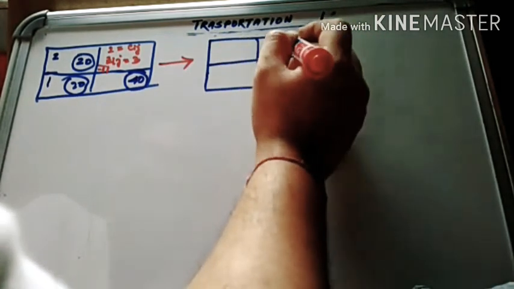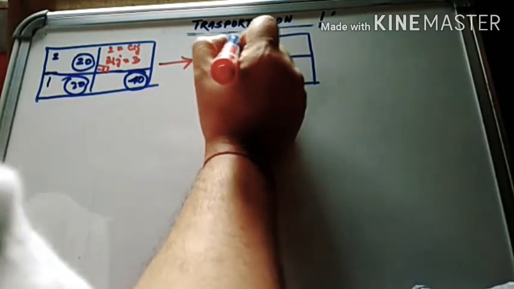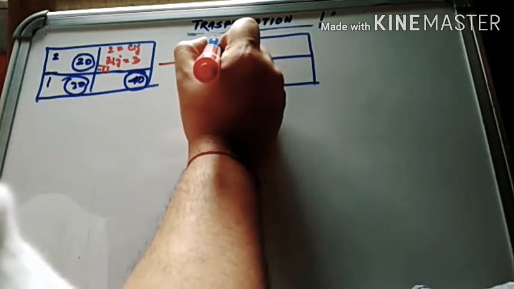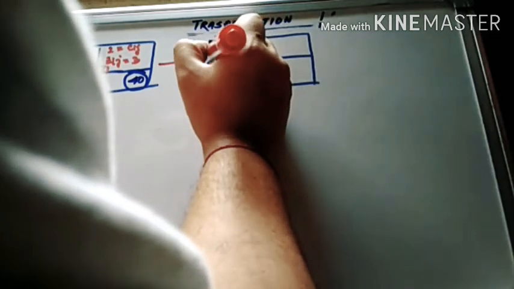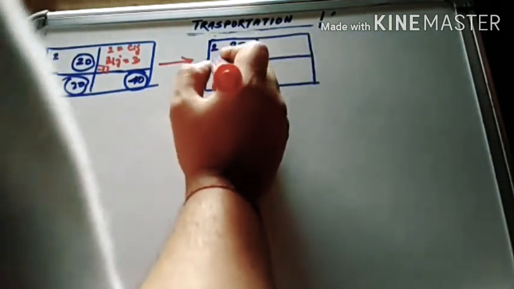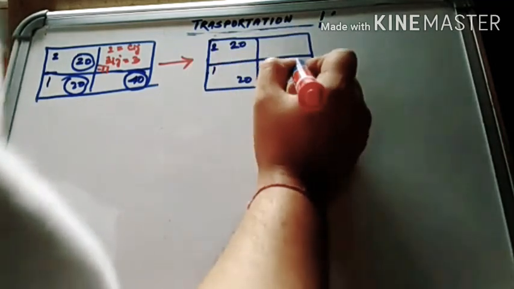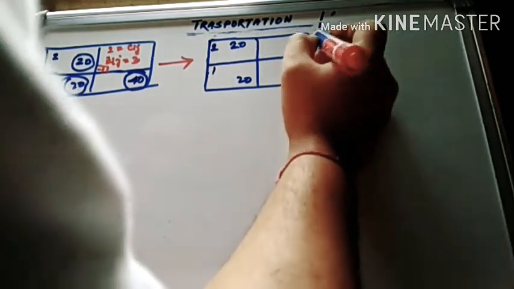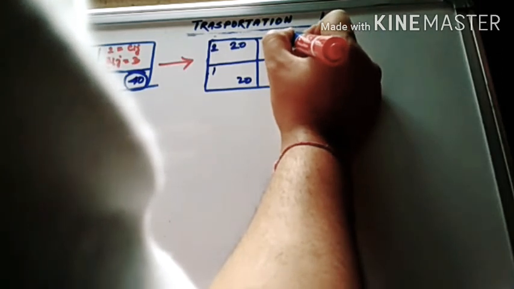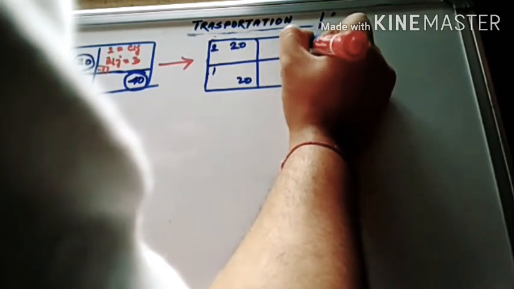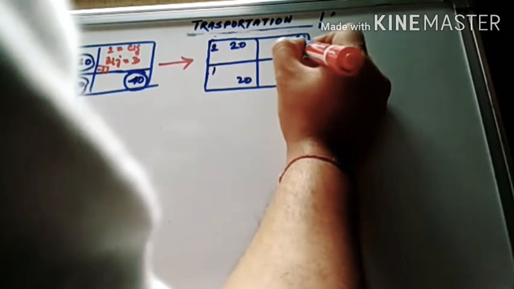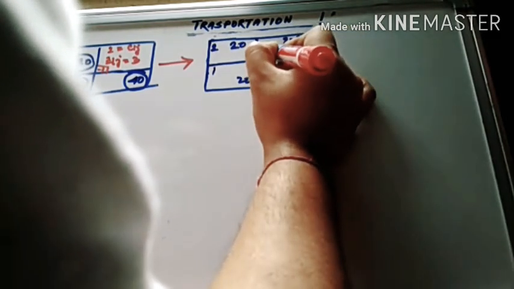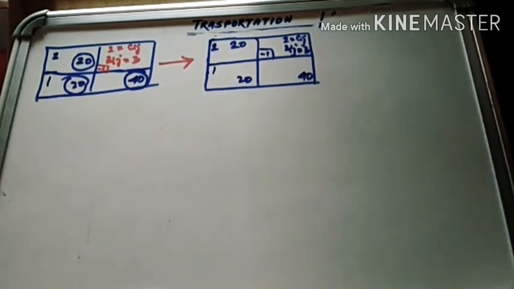Look, this is 20, this is 2, this is 1, this is 20, this is 40, and this is the unallocated cell where 2 is the Cij value and Zij equal to 3, and this is -1. To construct the optimal table, we have to make a loop.